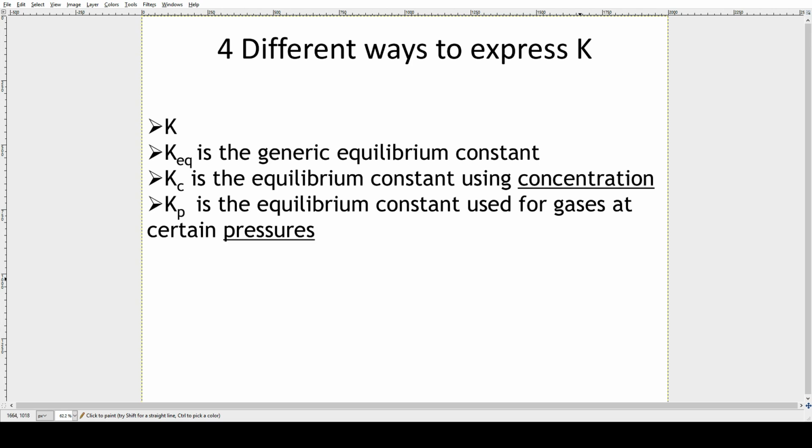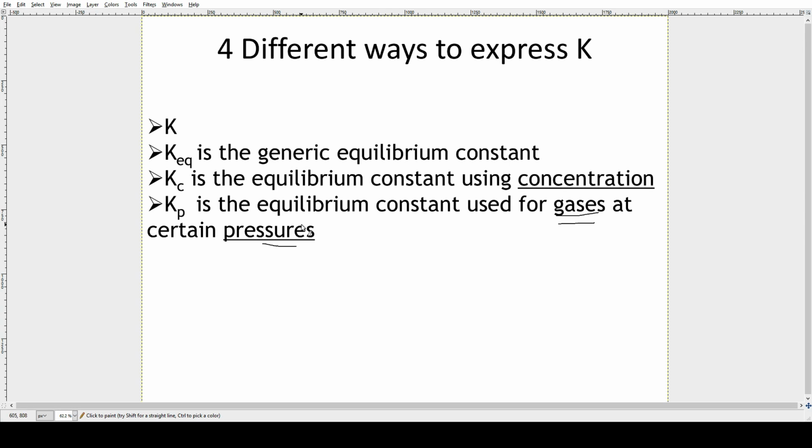Okay, there are different ways to express K. K like this could mean anything. KEQ is the generic equilibrium constant. So again, it's generic. It could really mean a lot of things. However, Kc is specific, the equilibrium constant using concentration, whereas Kp is the equilibrium constant used for gases, and they need to be at certain pressures.